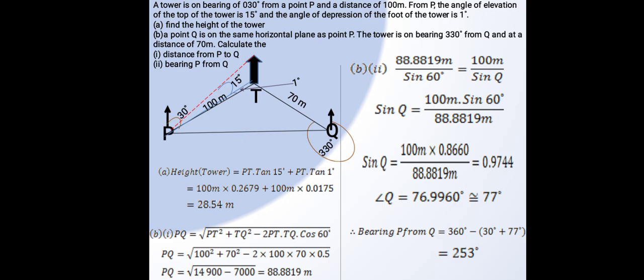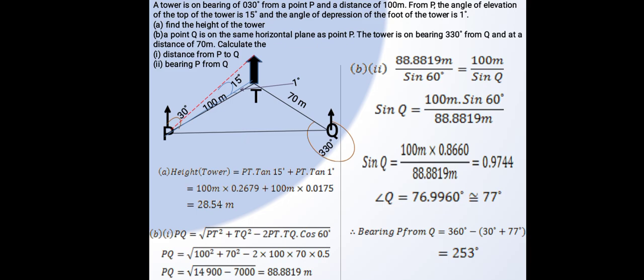So we are calculating the distance from the top where the angle of elevation is 15, and also the distance from the bottom where the angle of depression is 1. When you add the two, you get the height of the tower, which is 28.54 meters.